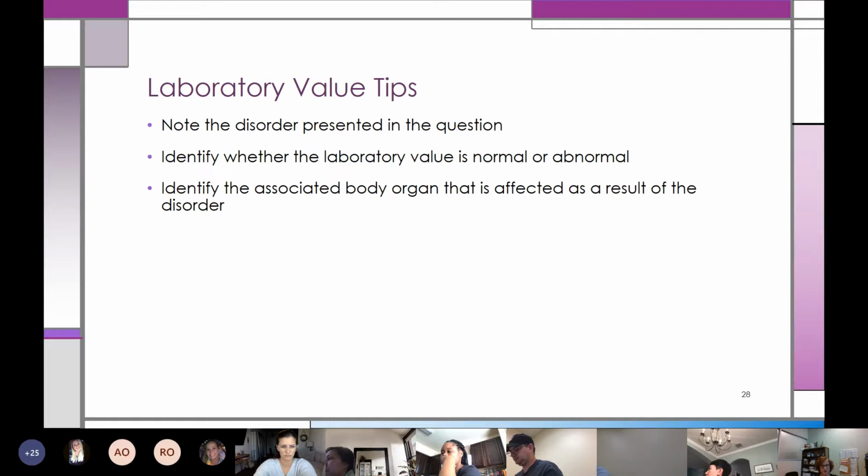So if this patient is having nausea, they're having pain in the middle of their back, they can't eat, they're just nauseous, sick to their stomach, and you identify that that could be cholelithiasis, then you're thinking, okay, if that's that organ, what is another body organ that's going to be affected? Your gallbladder and liver, right? So that's how you want to think about your lab values and why they're so important.